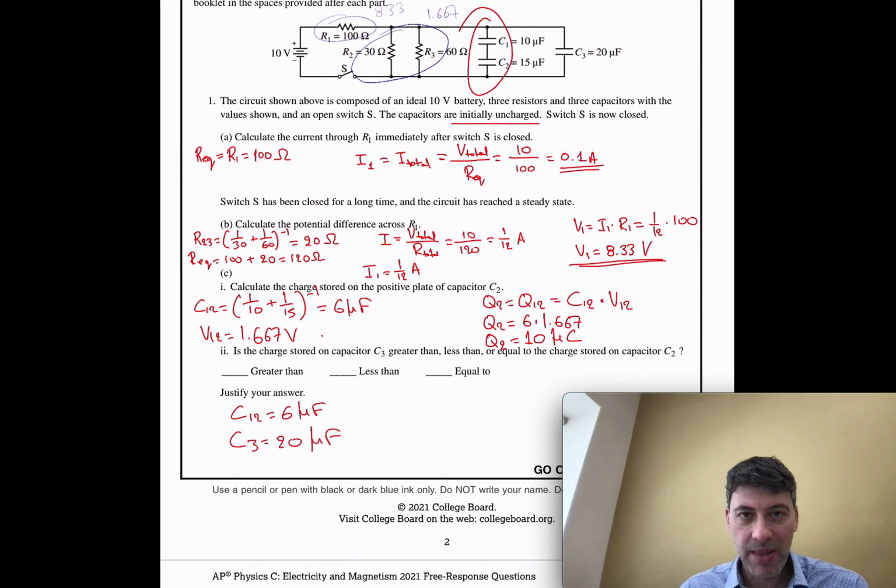So since they have the same voltage because they are connected in parallel, they have the same potential difference.